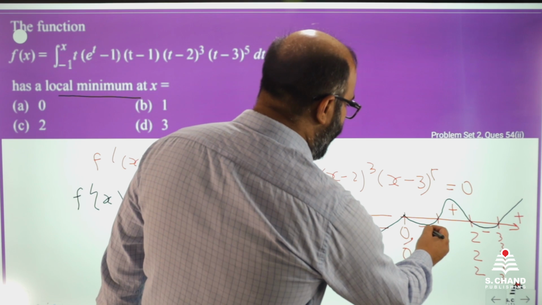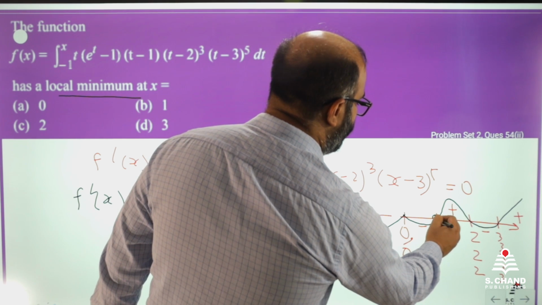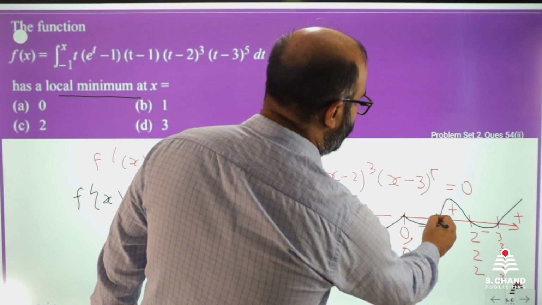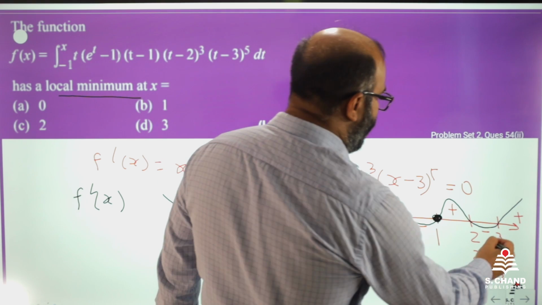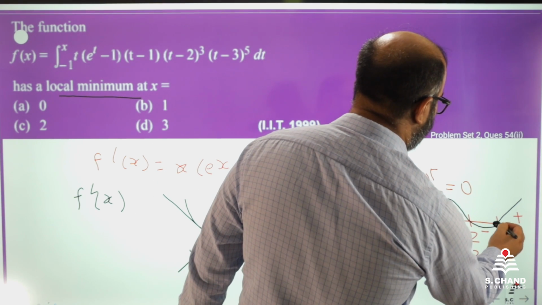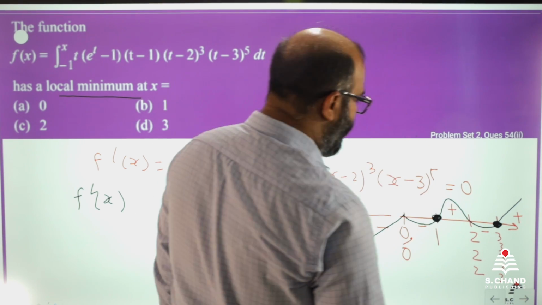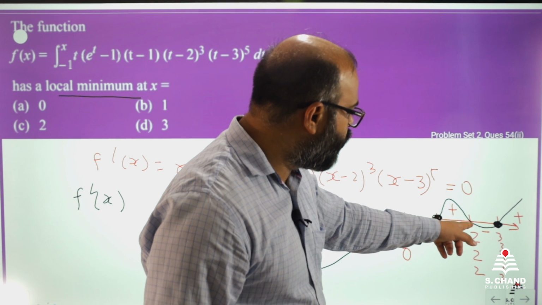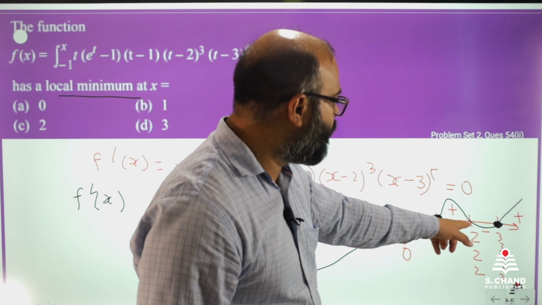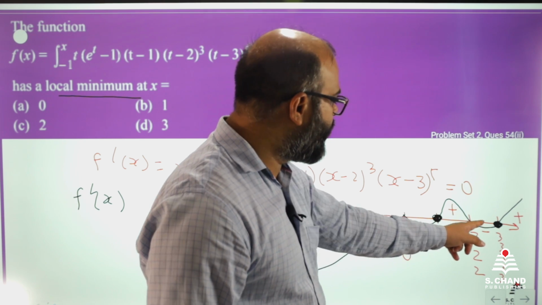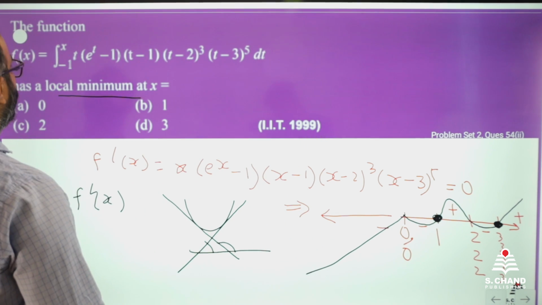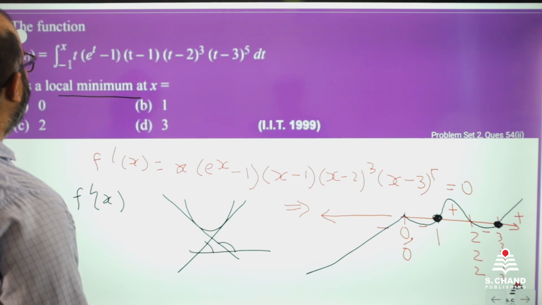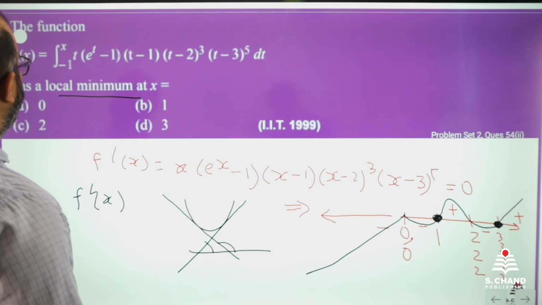So it is becoming negative to positive here at 1 and also at 3. So from negative to positive, it is at 1 and 3, positive to negative at 2. So this 2 is the point of maxima and 1 and 3 are the points of minima. So if you talk about the local minima, it will be at 1 and 3.